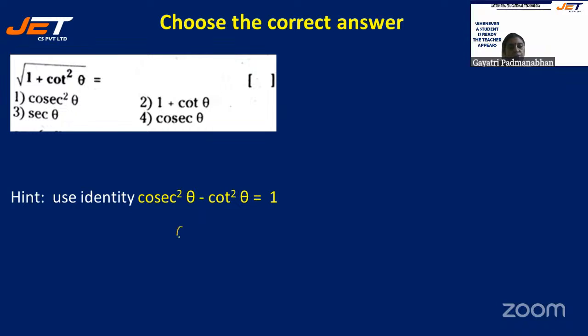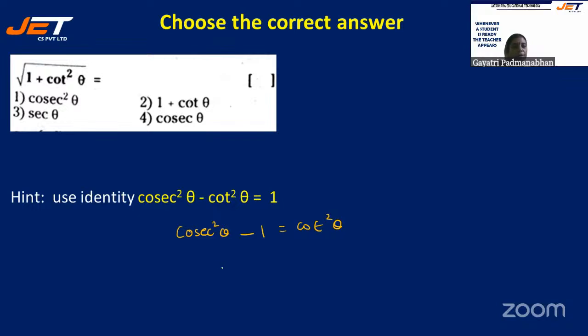Cosecant square theta, if this goes that side, cosecant square theta minus 1 is equal to cot square theta. Okay, this goes there, becomes plus, and if this comes here, it is minus. Correct.